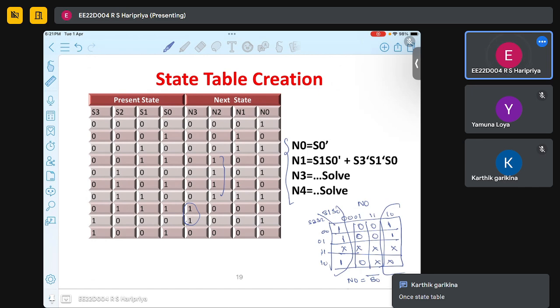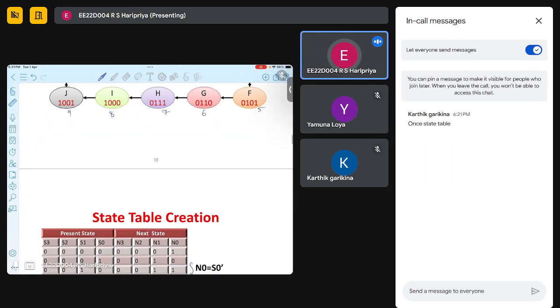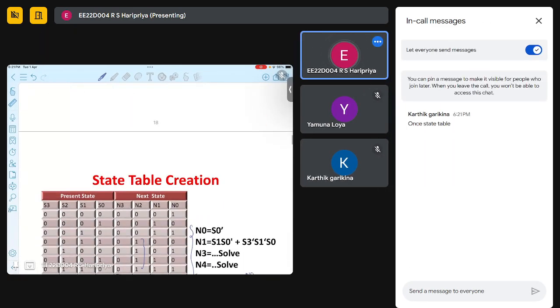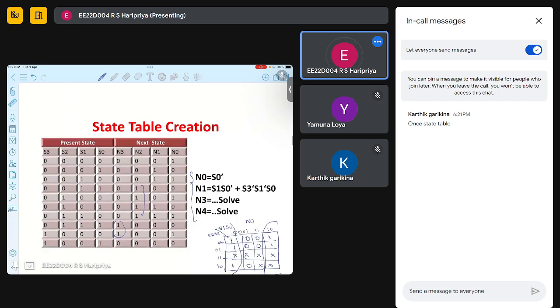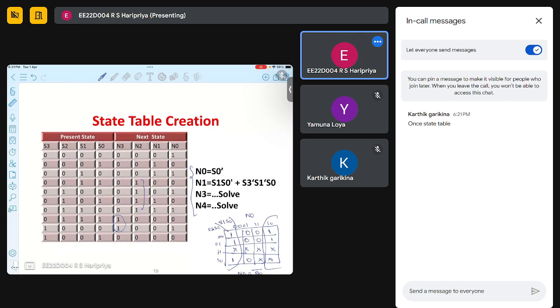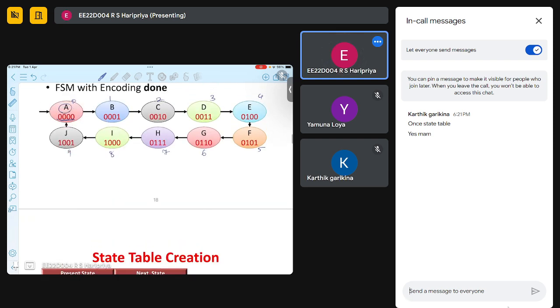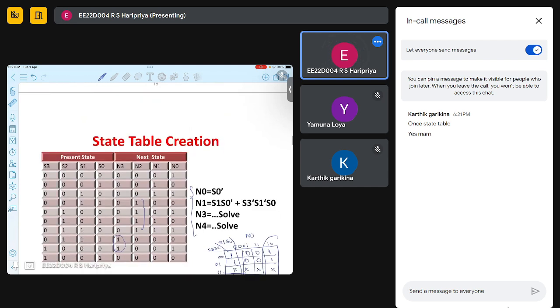State table. Okay, so how to write this table? If the present state is 0, the next state is 1.